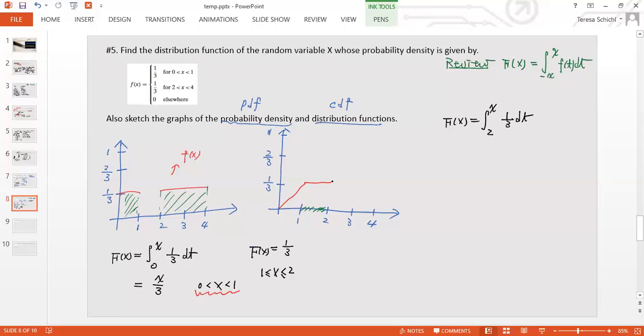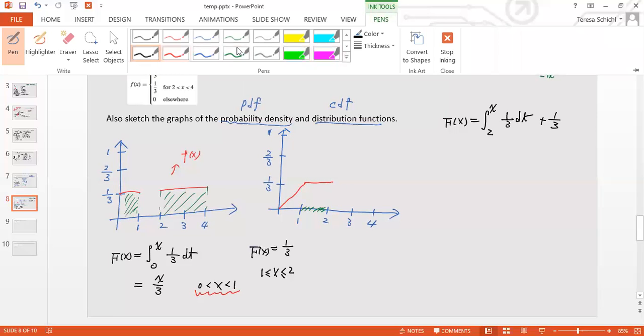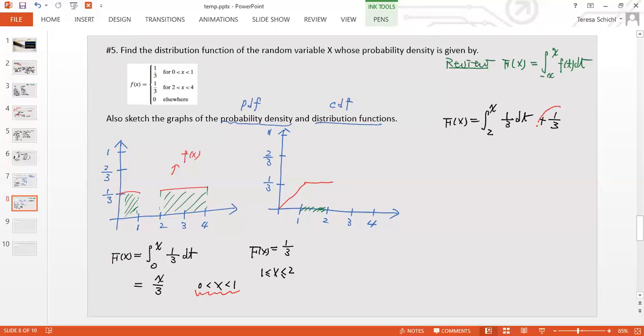So I'm starting at 1/3. I already jumped to 1/3, so I need to add 1/3. All right, this is super, super important. And I think a lot of students get confused because they forget to add 1/3. It's because your CDF is already started at 1/3, so you are thinking of the next region here.